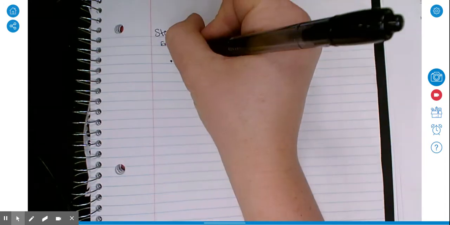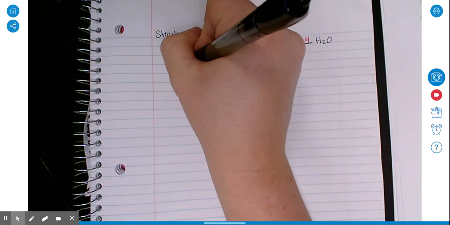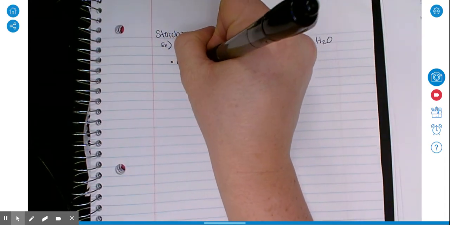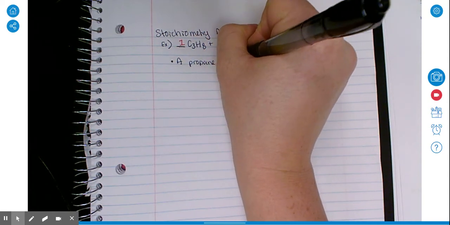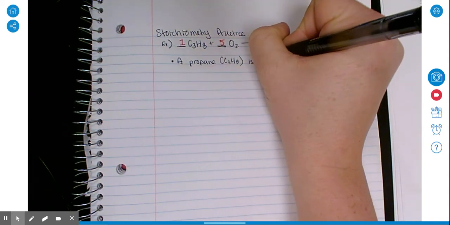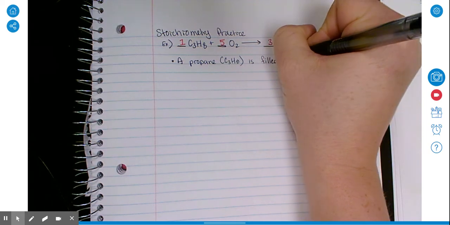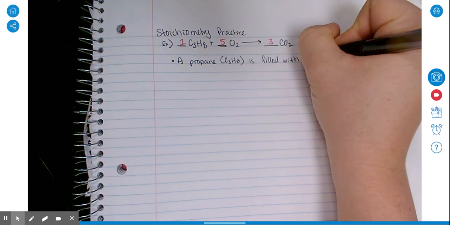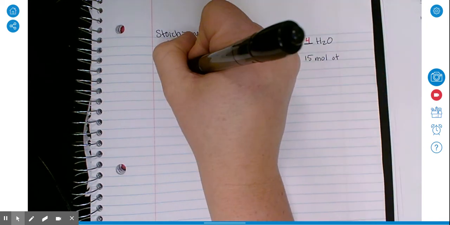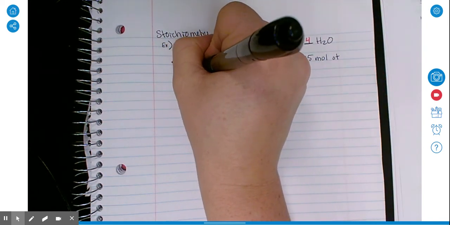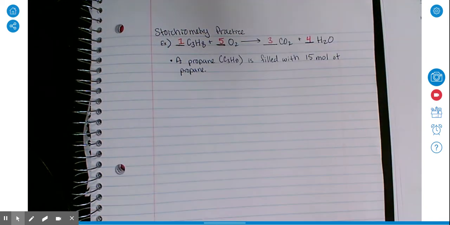We're going to say a propane tank, which is the C3H8, is filled with 15 moles of propane. So you go to the gas station, you pick it up, and they fill it in moles.